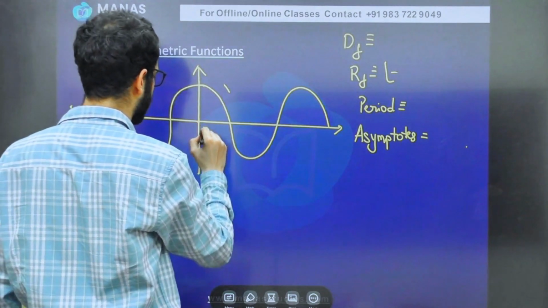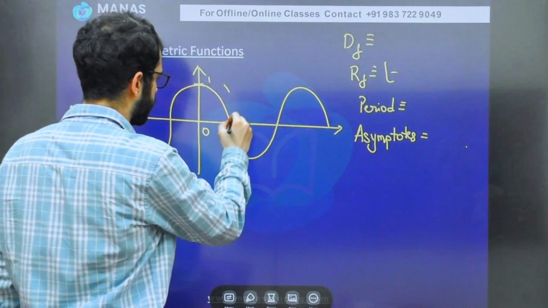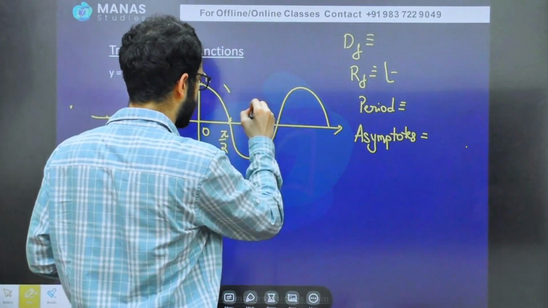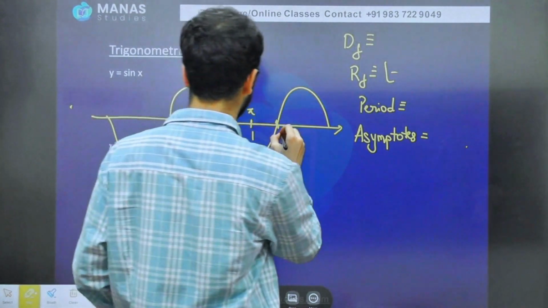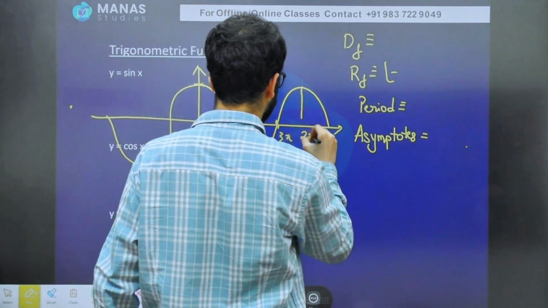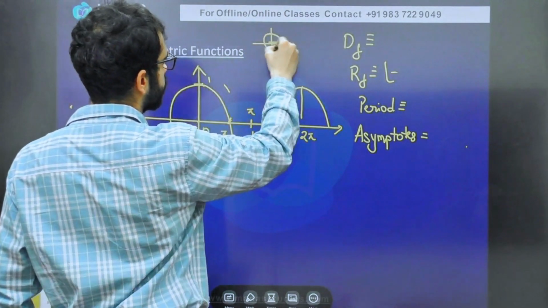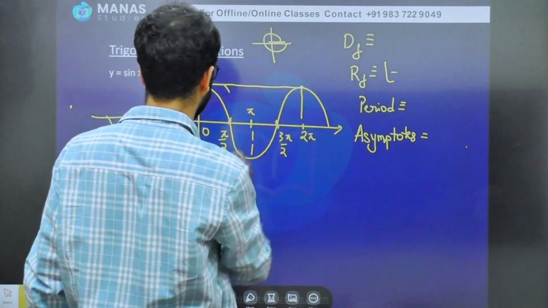This point is 0 and when we input 0 in place of x, the output is 1. When we input pi by 2, then the output is 0. At pi the output is minus 1, and this is going to be 3 pi by 2, and at 2 pi the graph returns to the same value, that is 1.